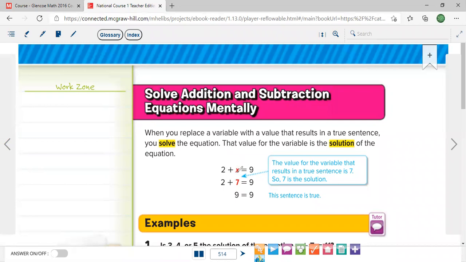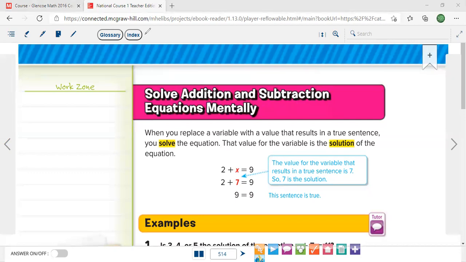Now, you can think of this x like 7 because from your information, you know that 2 plus 7 will give you 9. So really, the right-hand side is equal to the left-hand side because the left-hand side is 2 plus 7, which is 9. So we can realize that really x should be 7.